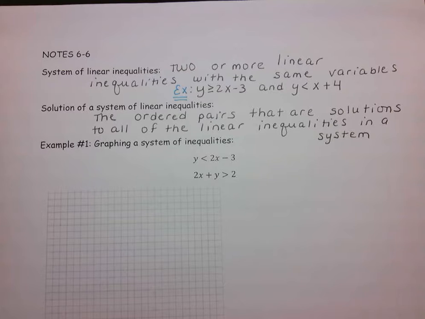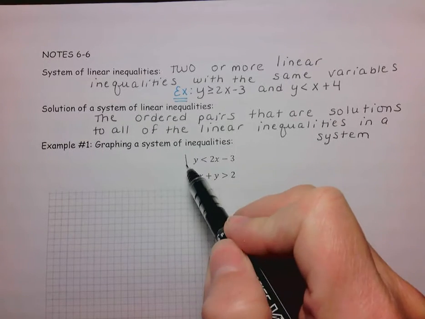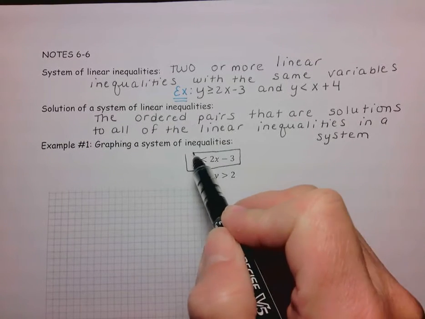So let's look at the first example. We have y is less than 2x minus 3, and we have 2x plus y is greater than 2. So I'm going to take the first one and I'm going to graph it.